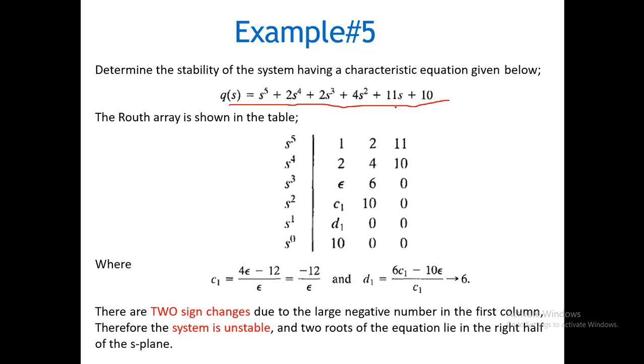So this is the equation, and you see that the polynomial degree is 5. Starting from S5, S4, S3, S2, S1 and S0, the coefficients will be something like this: 1, 2, 11, and then the second row will be 2, 4 and 10.